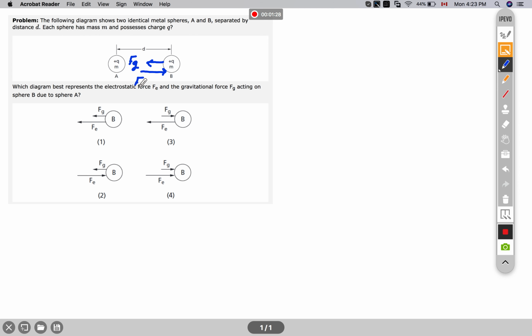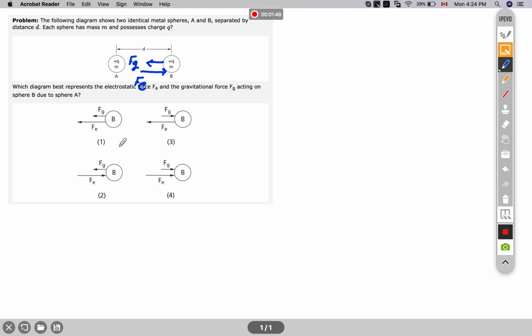So this is the electrostatic force coming from sphere A and acting on sphere B. As you can see, Fg is pointing to the left side, however Fe is to the right side.